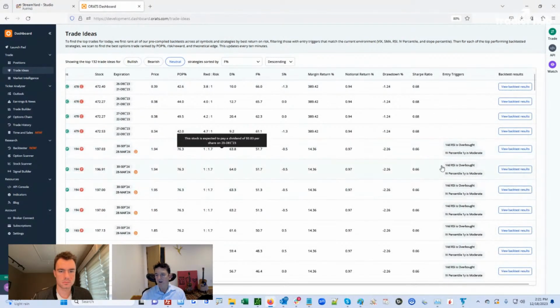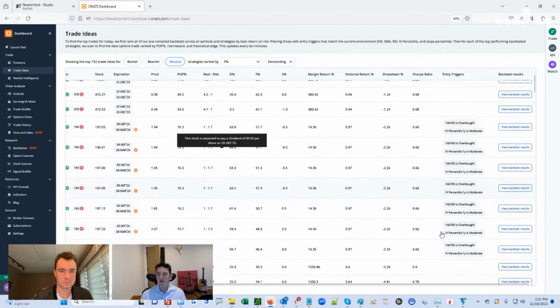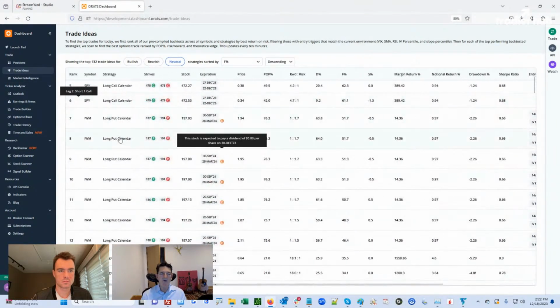So we've rallied, and the IV is moderate now in IWM, and these are the things that you would look for. What we do when we do these backtests is we only make the entry trade when these entry triggers are in that range. So overbought, which is kind of where we are now. I let the backtest and the trade ideas help inform me what strategies are doing well in this particular environment that we're in right now.